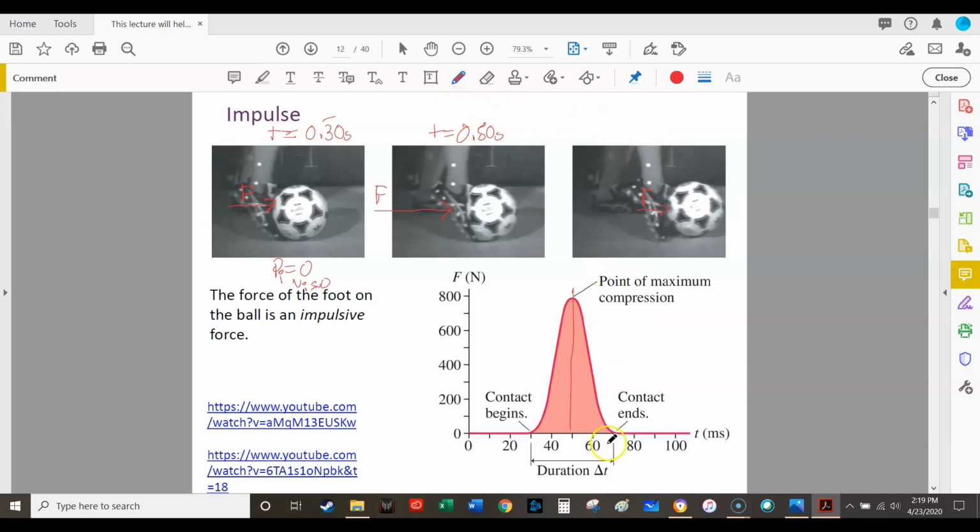And then finally, the ball is now leaving the foot, and this is occurring at the 0.70 seconds, right? So this occurs here, this occurs here, and this is occurring right as it's in contact, okay?